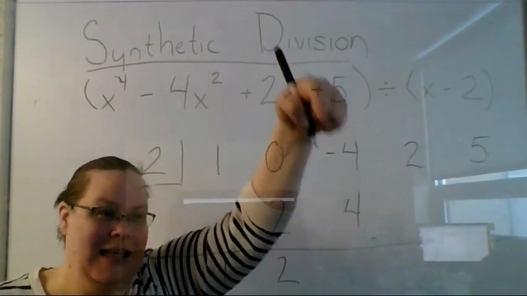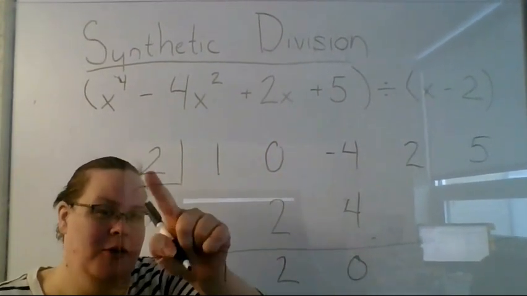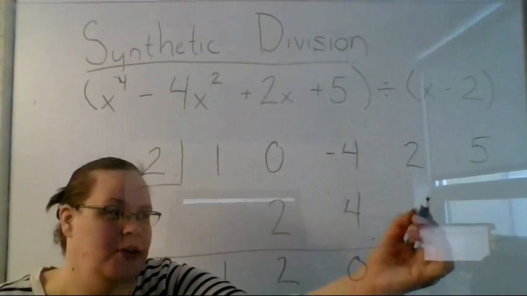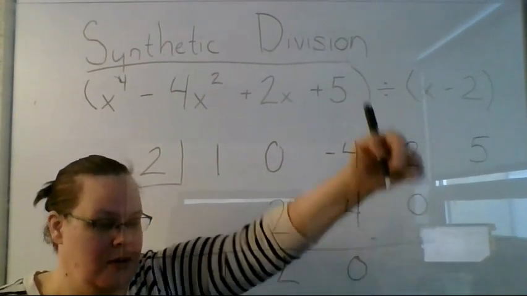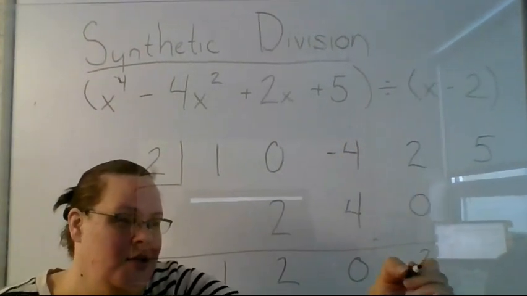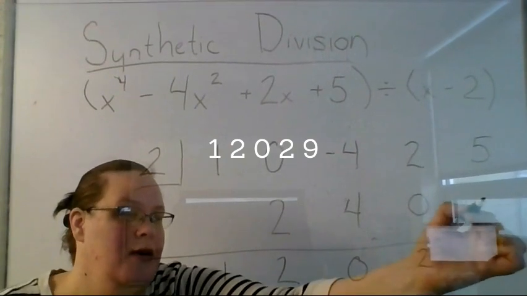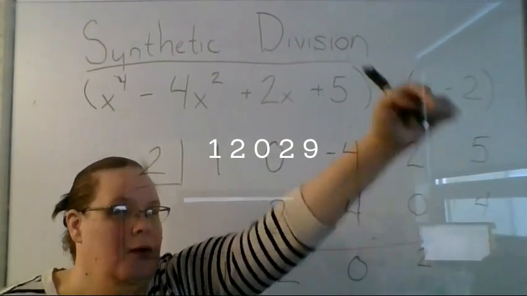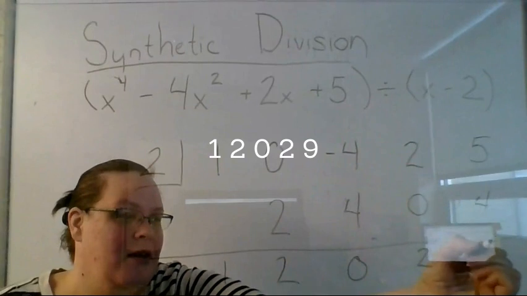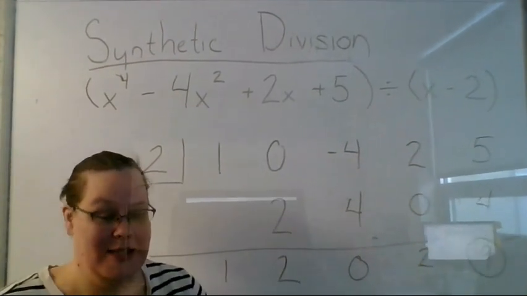We add in this direction and then multiply it by 2. 0 times 2 is 0. We add in this direction and then multiply it by 2. 2 times 2 is 4. We add in this direction. I'm going to circle that because it's my last number.